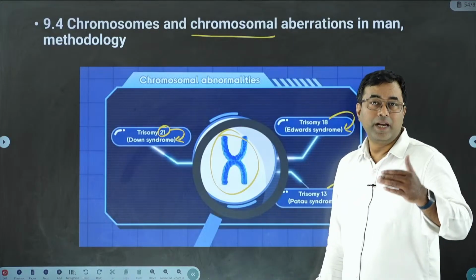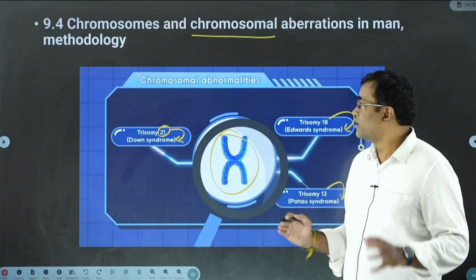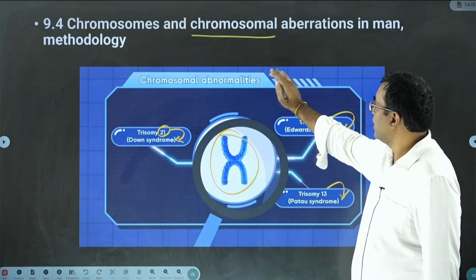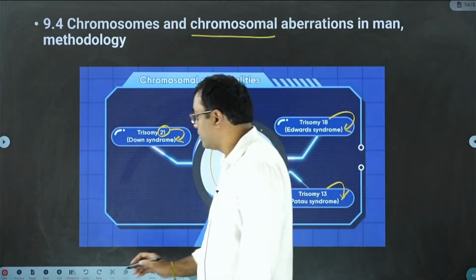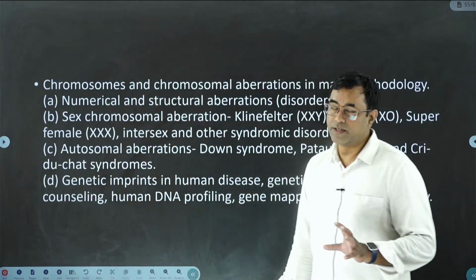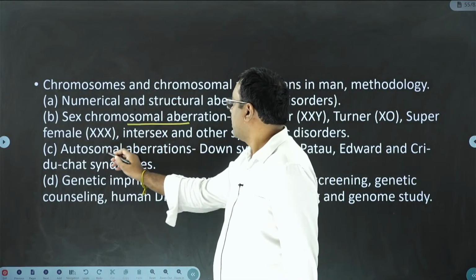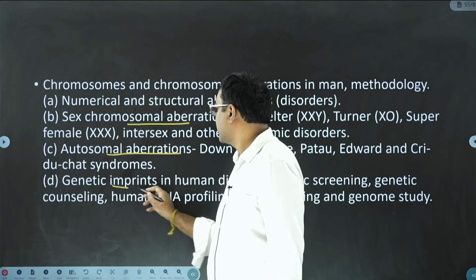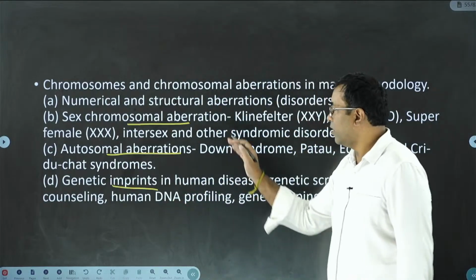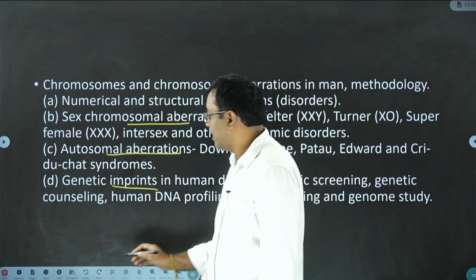If you have any defects in that particular chromosome, there is an aberration, and abnormalities can be shown by the people. So that will be studied as part of these chromosomal aberrations. You can see sex chromosomal aberration and autosomal aberrations, genetic imprints in human diseases. So all these are some of the topics which are mentioned related to chromosomal aberrations.